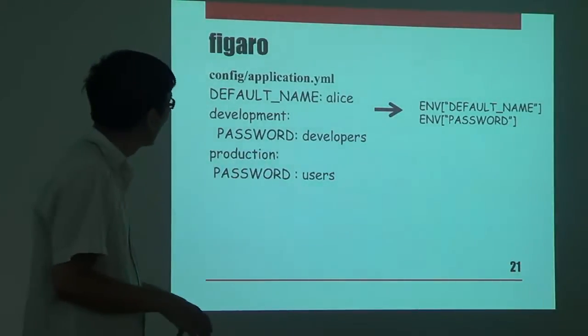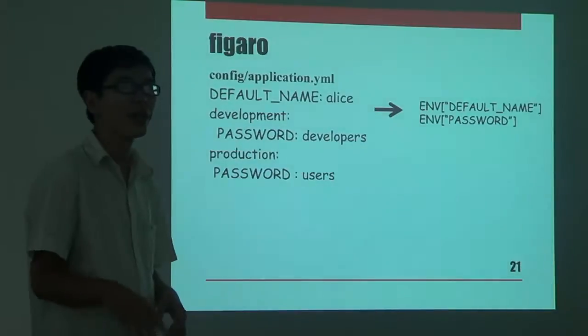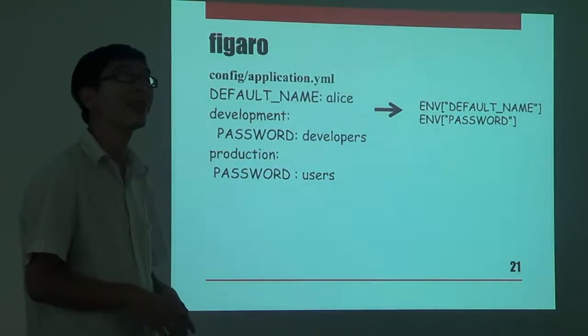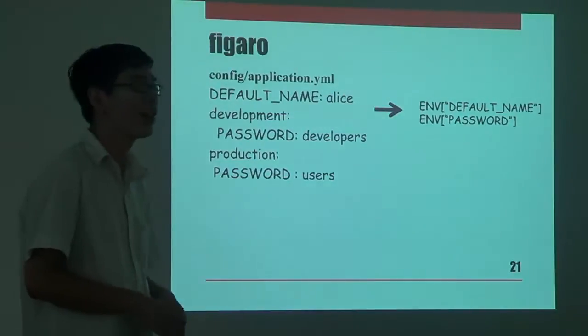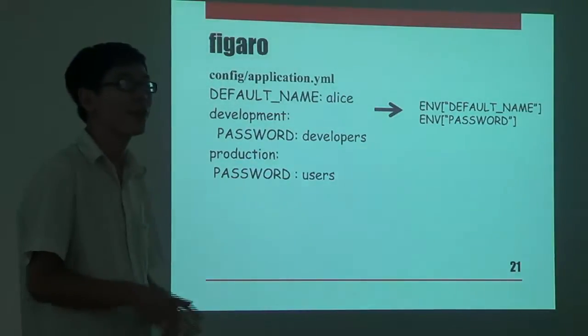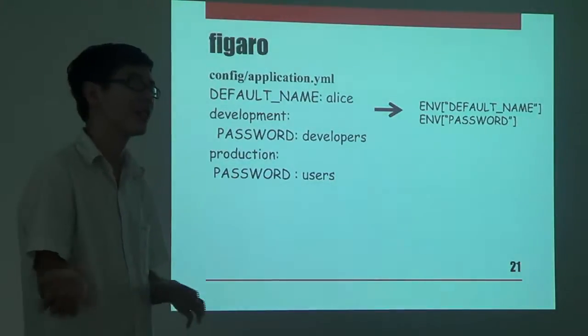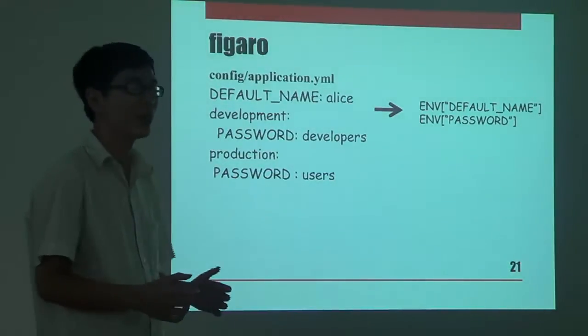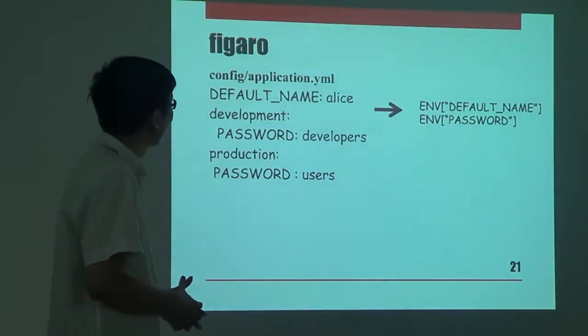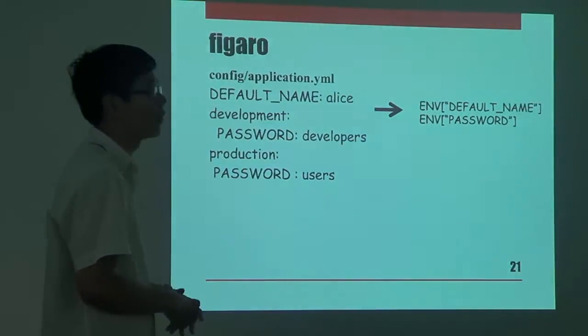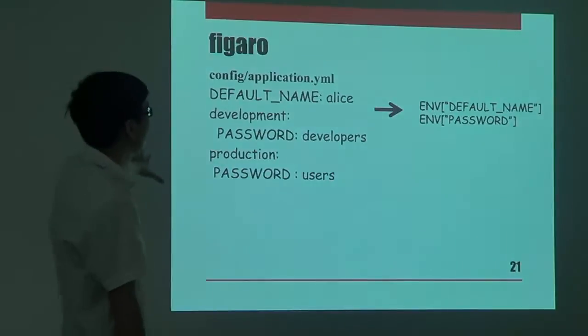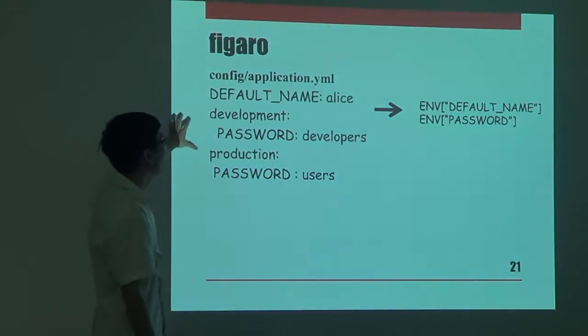For example, when you have a mail sending function, in the development environment you have a different account for sending mails, and in the production environment you have a different one. So when you're dealing with these situations, I think we should use the Figaro gem because it provides us a convenient way to define something like an environment variable.